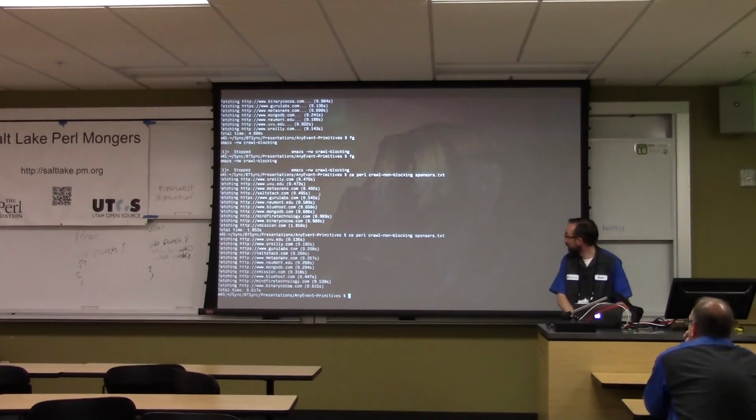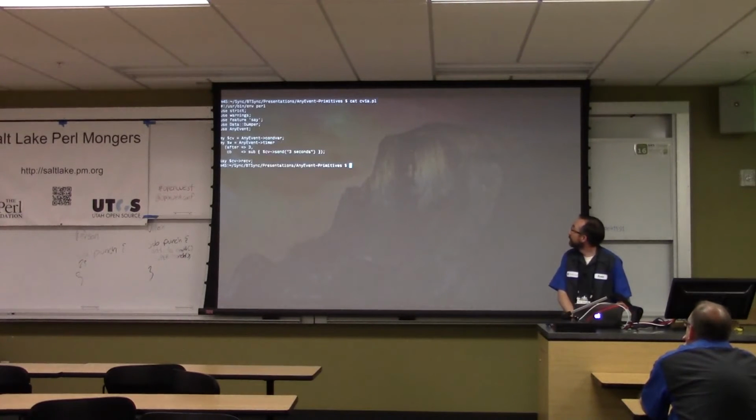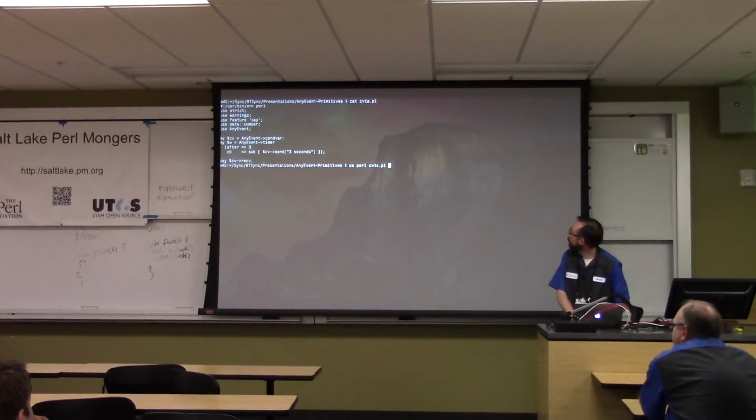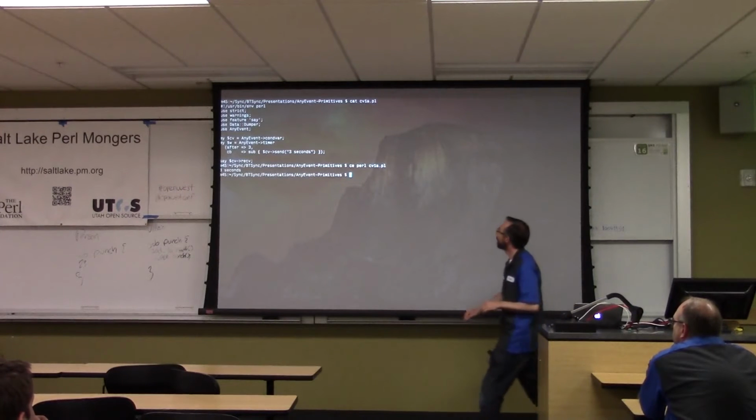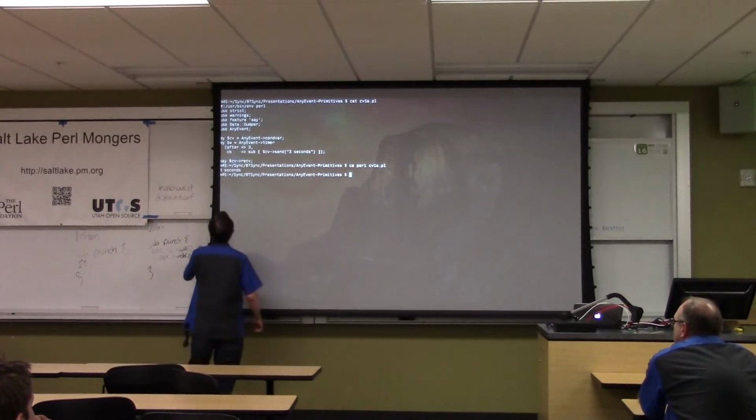Okay. So we've got another example here, CV1A. This is an example of using a condvar with a timer. So we start our timer. That says 3 seconds.